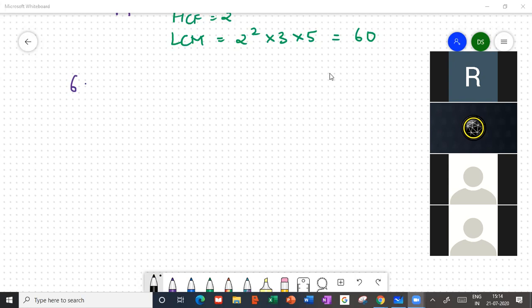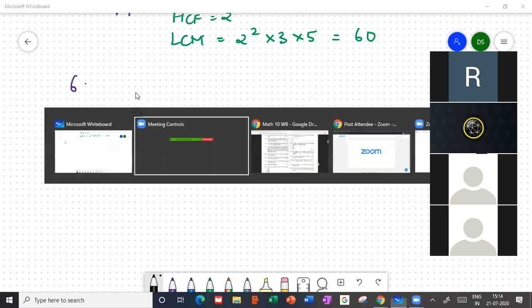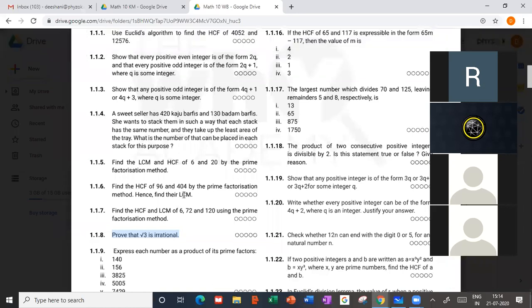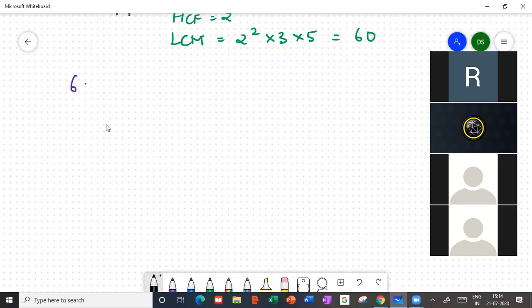So basically, you have been given two numbers, right? 96 and 404. Using prime factorization, you are going to find the HCF of 96 and 404. So how do you do this?